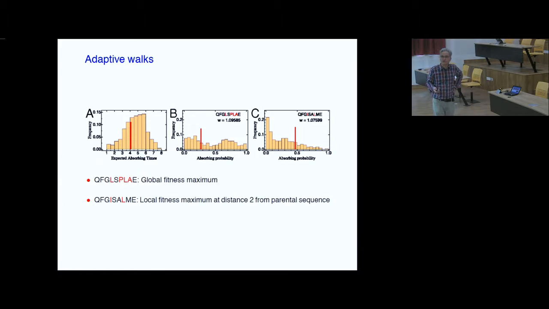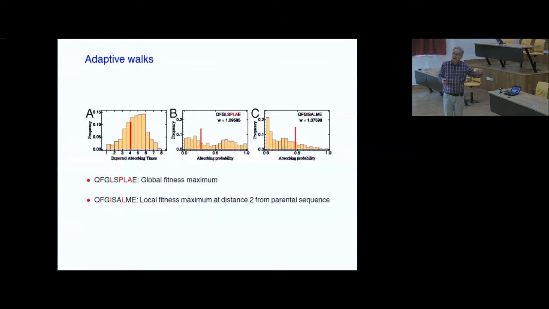So this is the probability of being absorbed at the global maximum, again across all starting points. You see there's a fairly large fraction of starting points from which you can reach the global maximum, which shows you that the landscape is not that rugged. But if you start from the parental sequence, then you only have less than a 40% or 30% probability of reaching the global maximum.